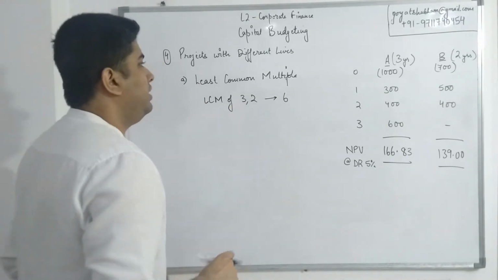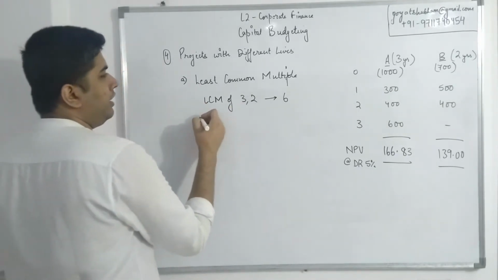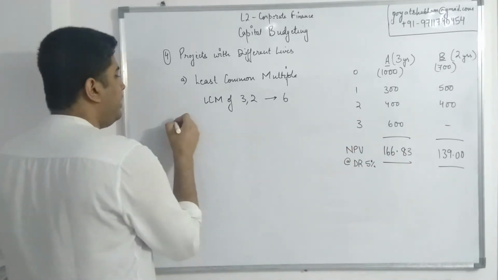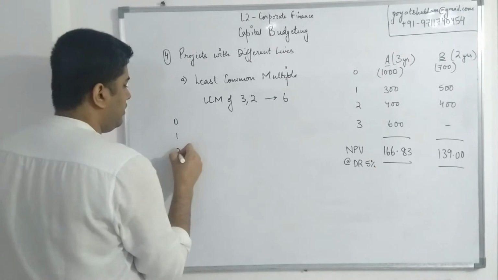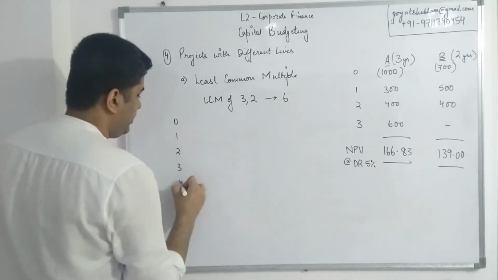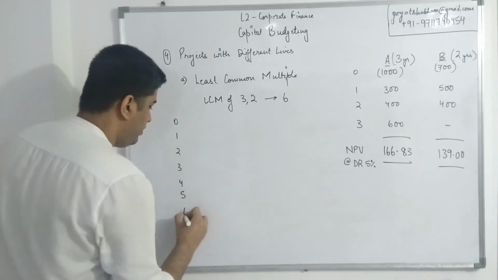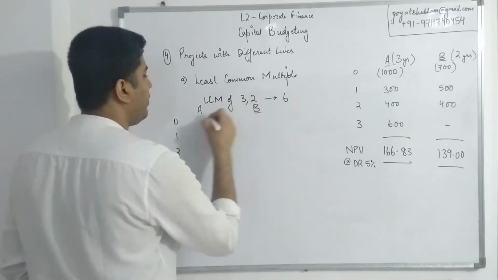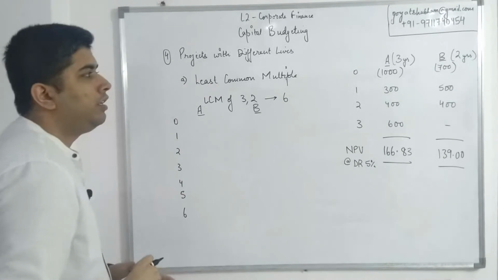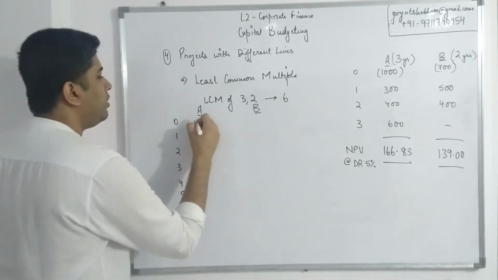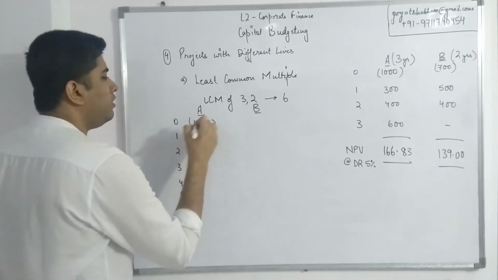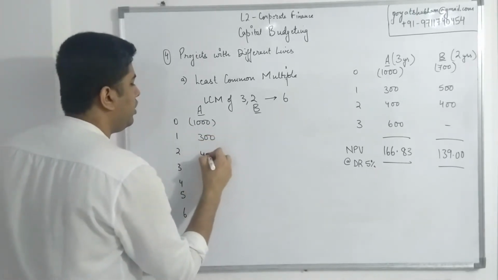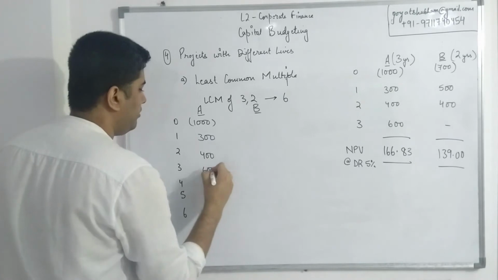The LCM approach says that instead of evaluating these NPVs, create a series for 6 years, for Project A and Project B. For Project A, I invested 1000, then I got 300, then 400, 600.